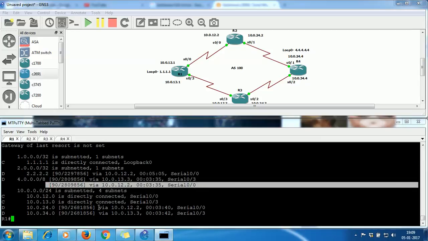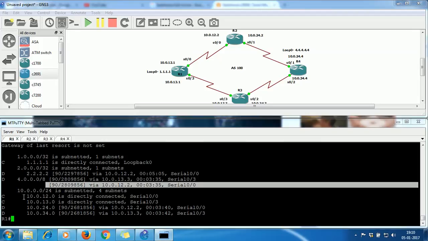What I told in the first video is that EIGRP uses the DUAL algorithm, and the DUAL algorithm determines the backup loop-free path. There is some condition I'll show in coming videos. Only if that condition matches is it going to put that into the routing table. Otherwise it will not put it into the routing table. It will be in the EIGRP database only.